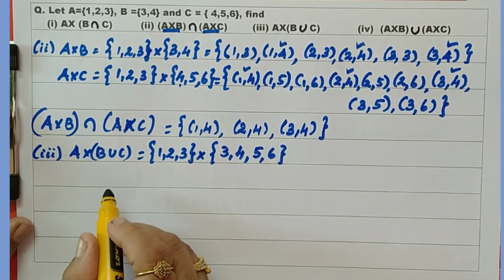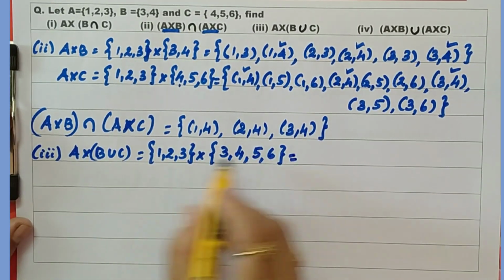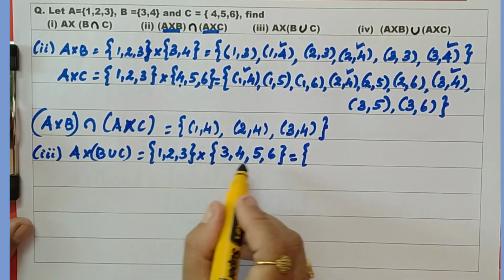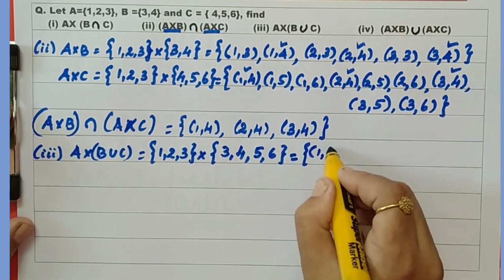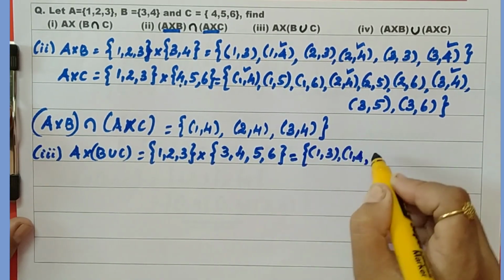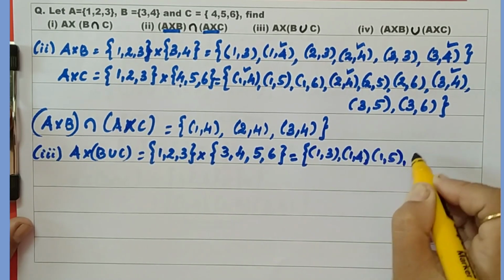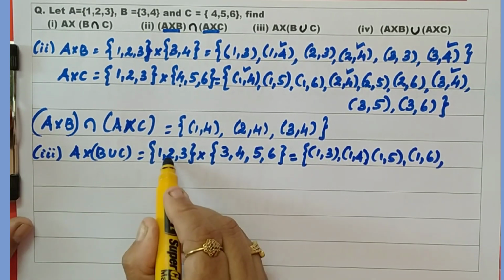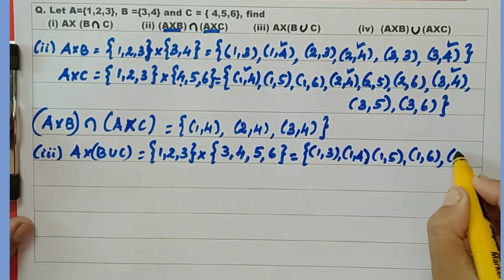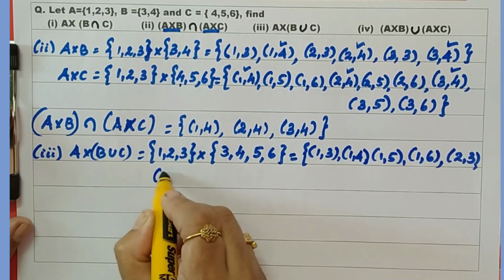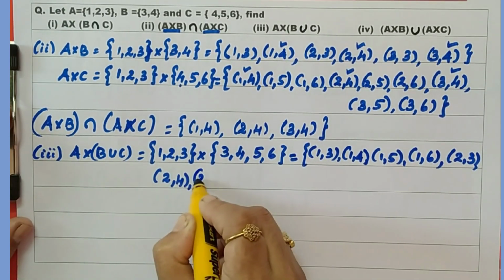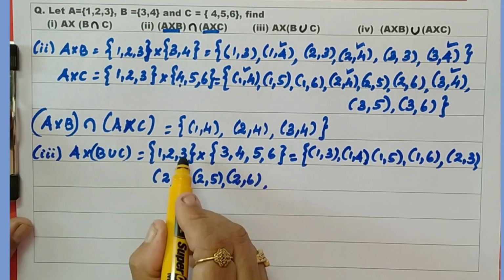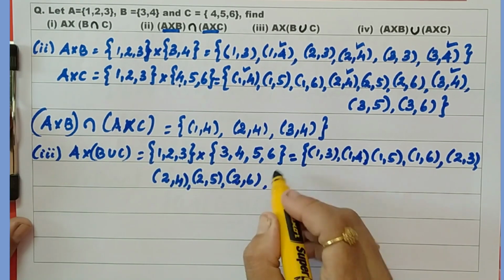Now I am going to take the crossing of these two, which is equal to the set (1, 3), (1, 4), (1, 5), (1, 6), the next elements (2, 3), (2, 4), (2, 5), (2, 6), the next (3, 3), (3, 4), (3, 5), (3, 6).